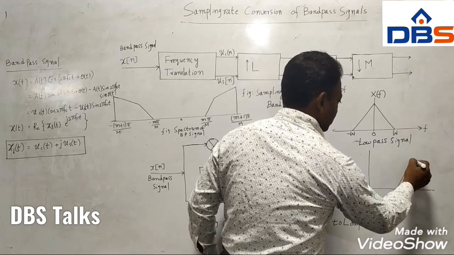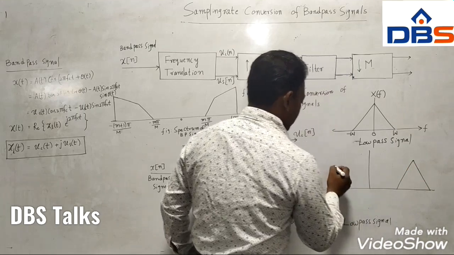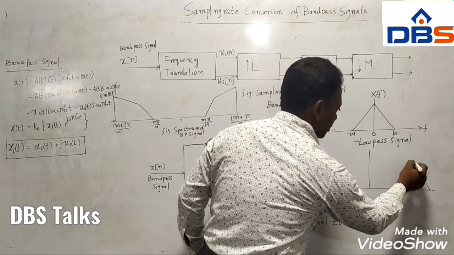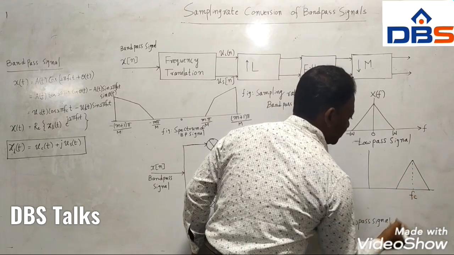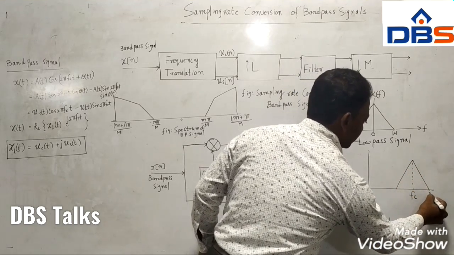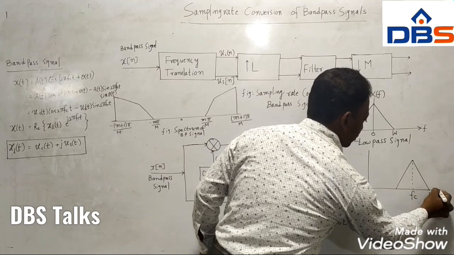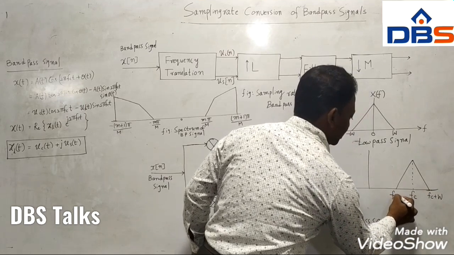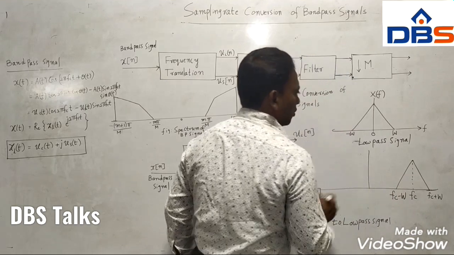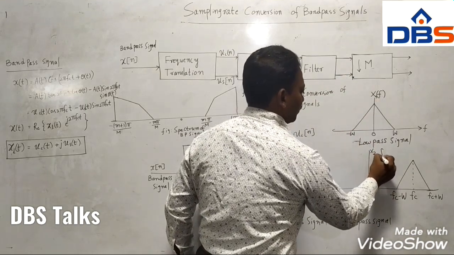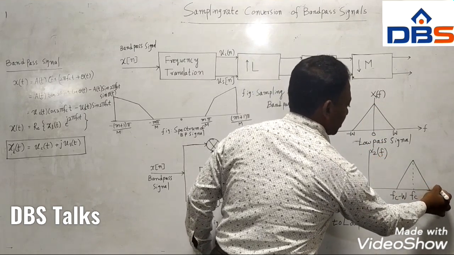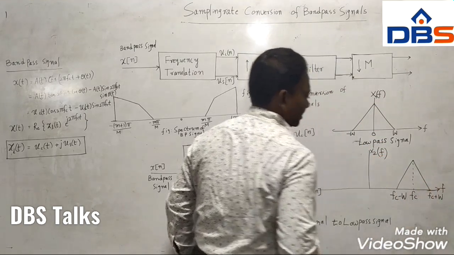Now see, suppose the spectrum is centered about Fc, with Fc plus W on one side and Fc minus W on the other. Now we assume that this is X1 of f and this is X2 of f. The spectrum axis is the frequency axis.